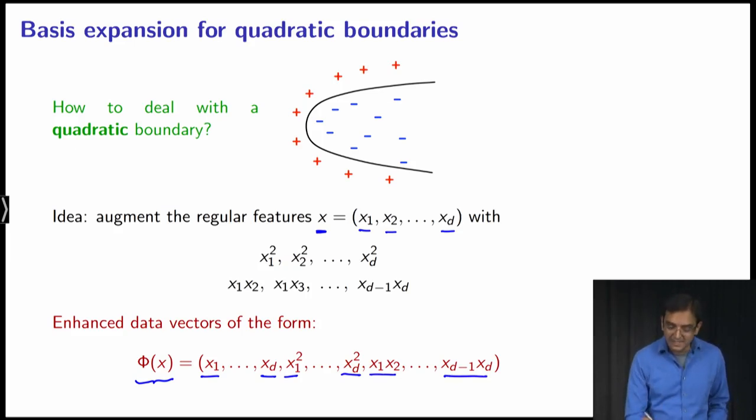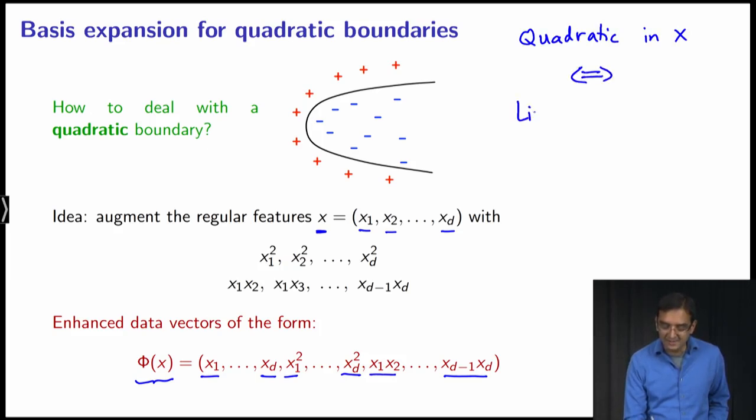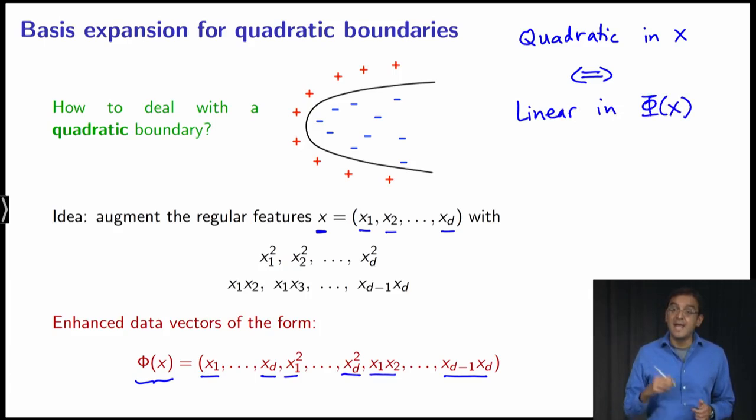And why have we done this? Because any boundary that is quadratic in the original features, x, is actually just linear in these expanded features, phi of x. So we can just try to learn a linear classifier of phi of x.